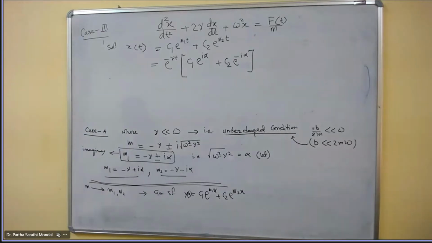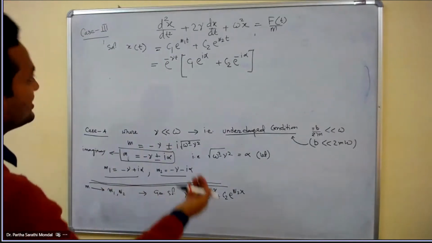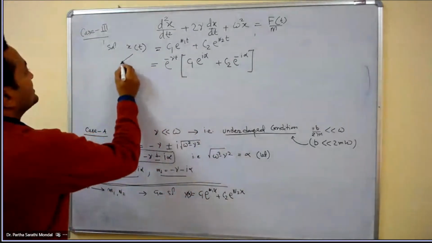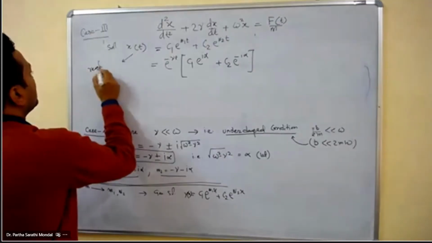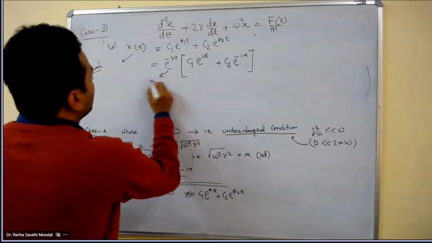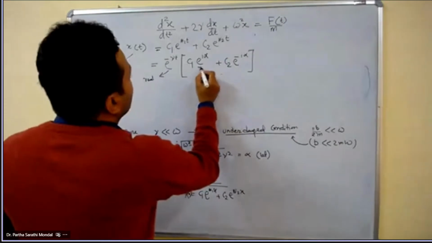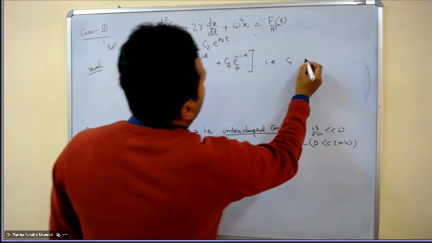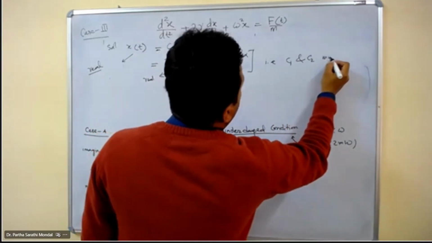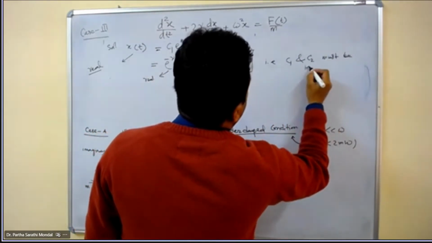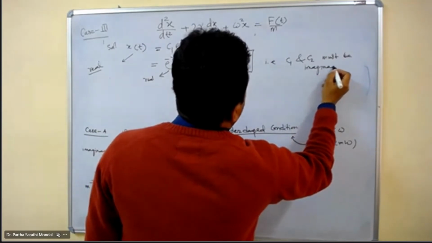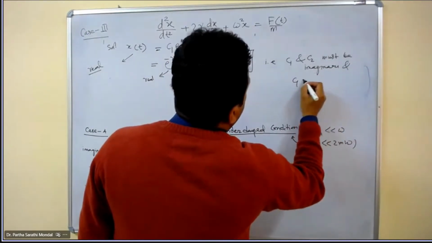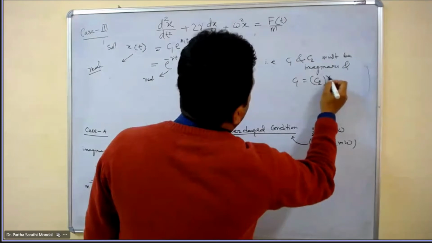So now again we will do the same thing to get our actual recognizable solution. This should be real, so in that case this is real. These are imaginary, so that means C1 and C2 must be complex, and C1 is the complex conjugate of C2.